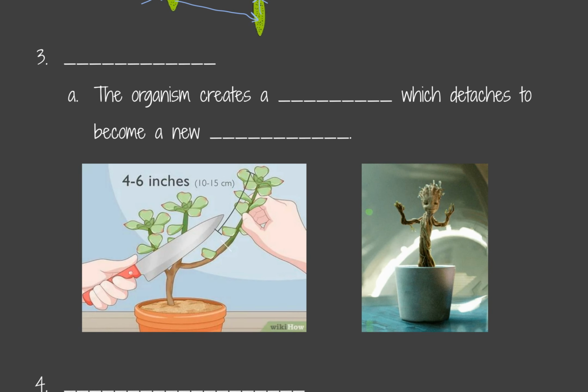The next type of asexual reproduction is called budding. And budding is when an organism creates a branch or bud, which can detach, and then it becomes a whole new organism.